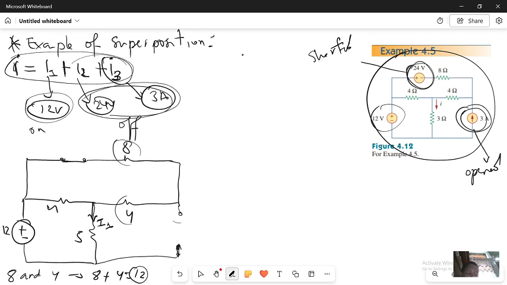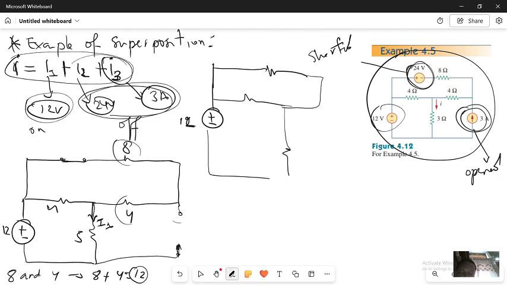This 12 is in series, so it is the summation of these. Now my circuit will be as this one, plus the 12 volt source. This is my I1.